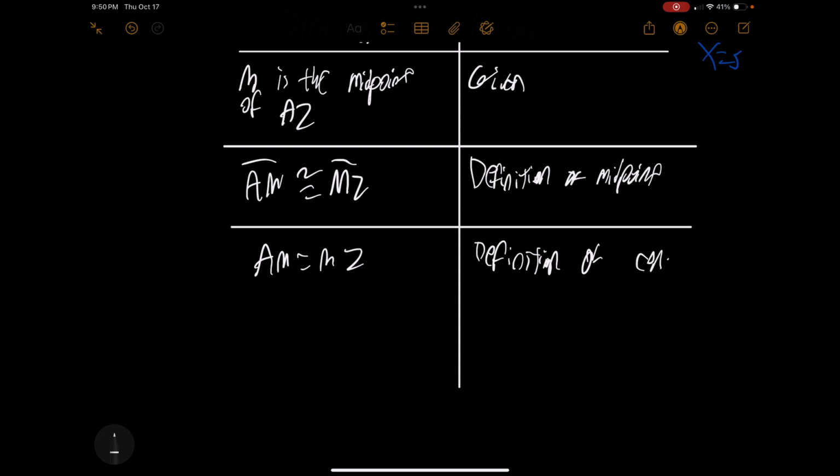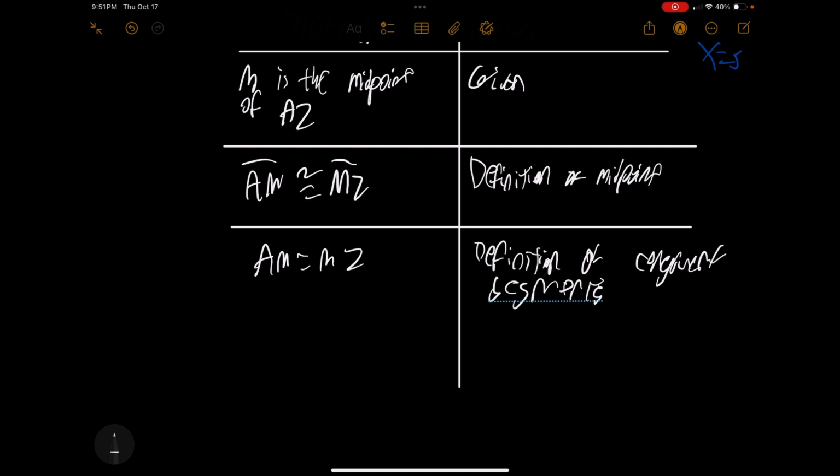of congruent segments. In the definition of congruent segments, sometimes you'll also be allowed to write, instead of the title, which is basically definition of congruent, angle addition postulate, something like that, what it means in some cases.